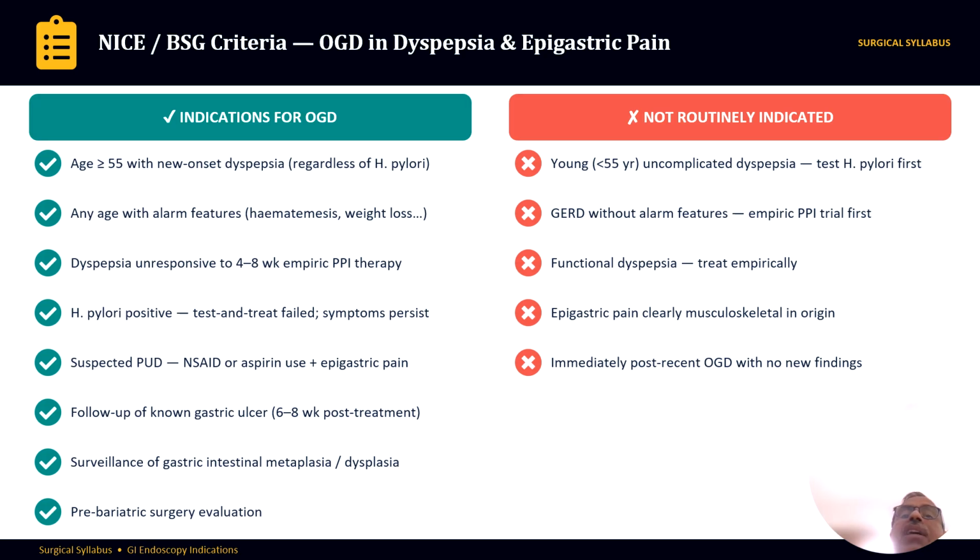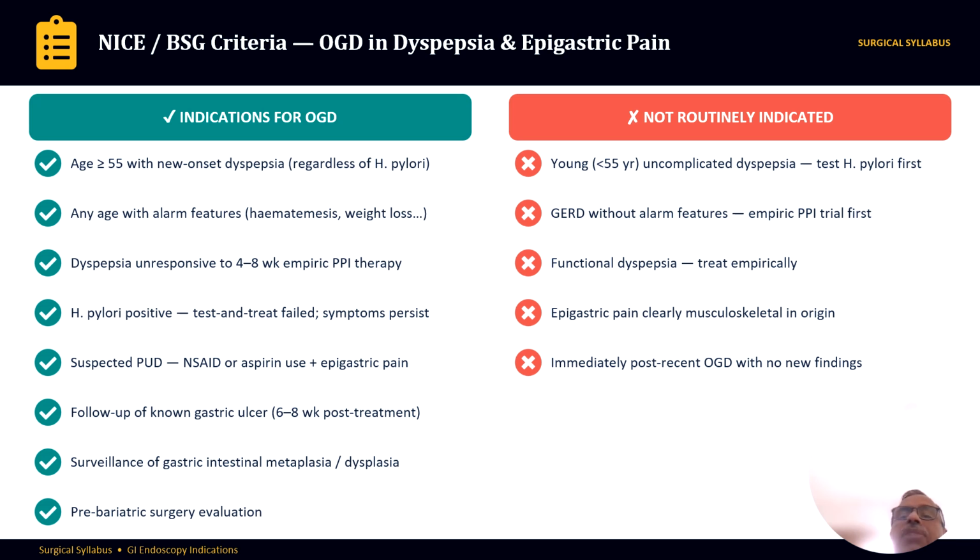For GERD, gastroesophageal reflux disease without any alarming features, give an empirical course of proton pump inhibitor trial first. For functional dyspepsia where there is no underlying pathological condition, treat empirically first before subjecting the patient to OGDS.